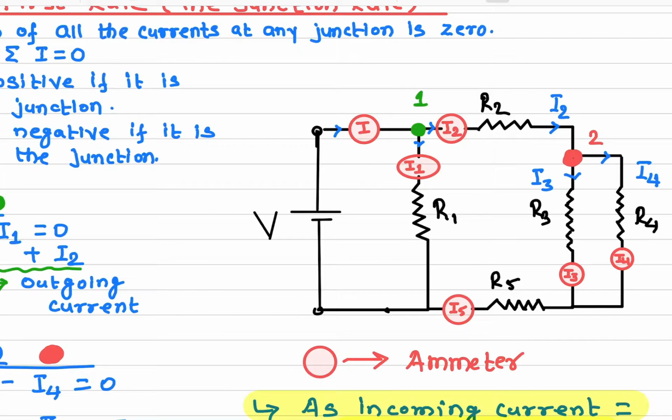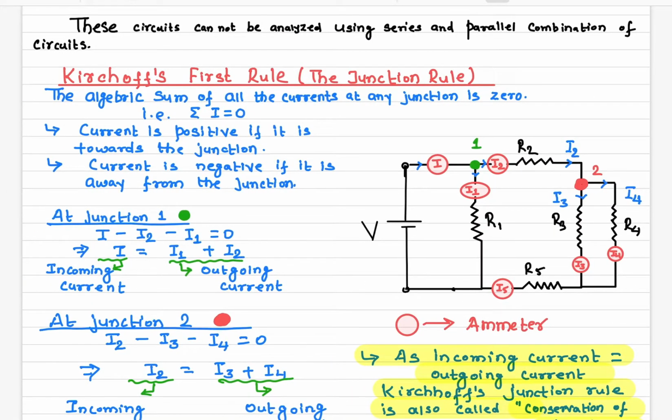We take the incoming current as positive and the outgoing current as negative. So the total current at any junction is zero. In this case, all the current coming towards the junction is regarded as positive, and all the currents leaving the junction, for example this current I2 and I1, are regarded as negative.